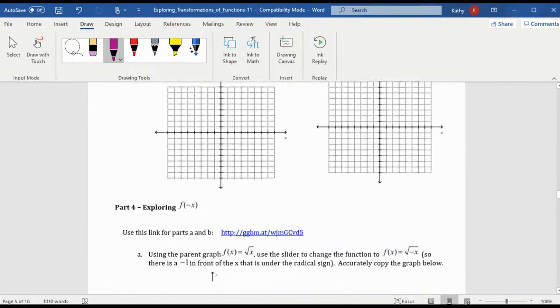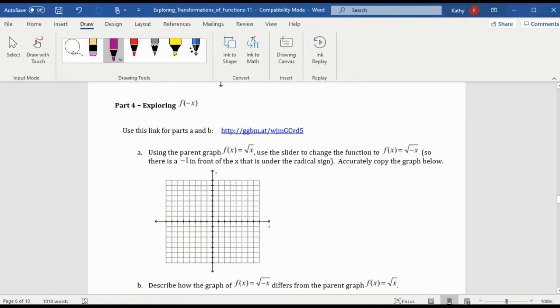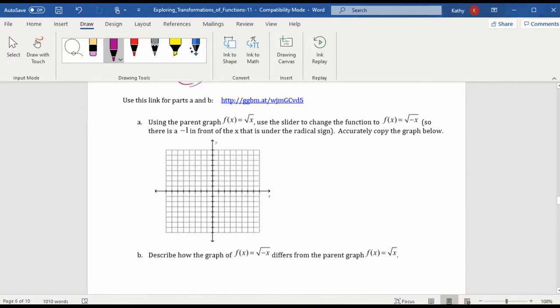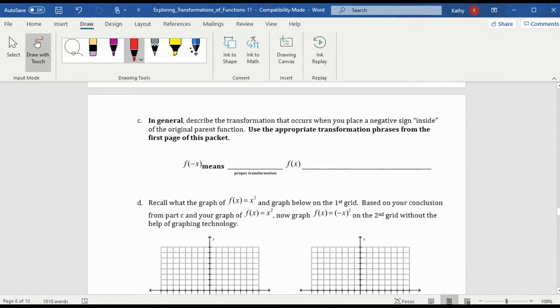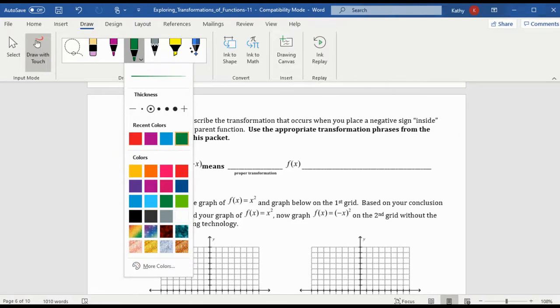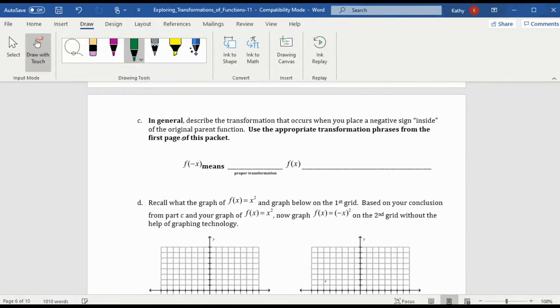Okay, the next general rule was, what happens when we now make x negative? We explore that in part 4. So part C in part 4, our general rule is, again, another reflection, but this time we reflect over the y-axis.